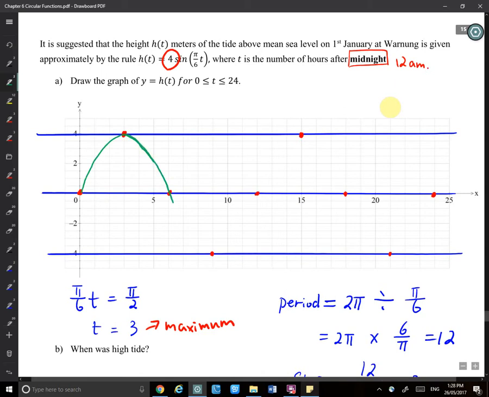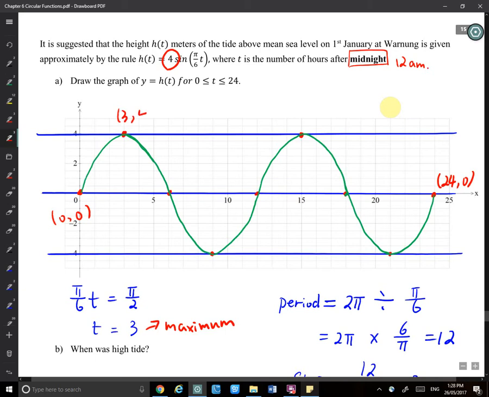That's the shape of the graph. We must label the endpoints: 0, 0 and 24, 0.